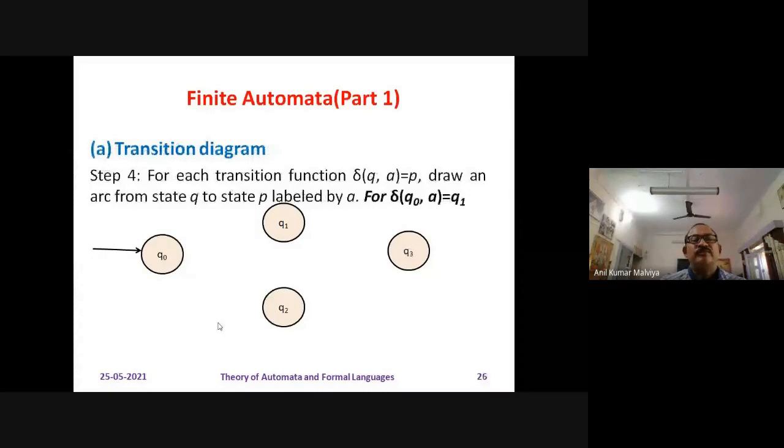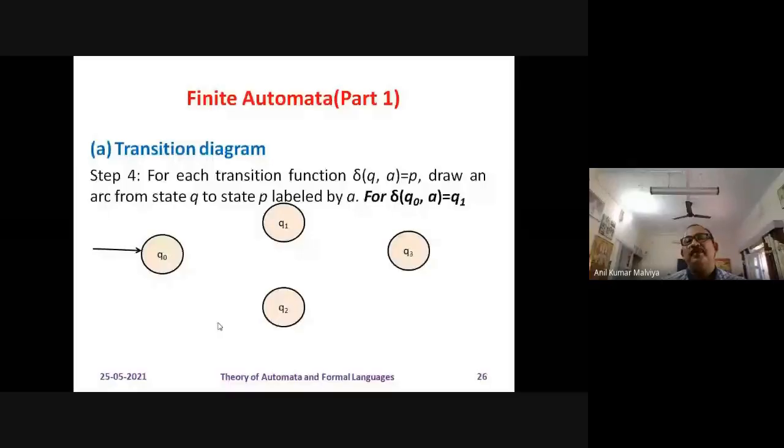For each transition function, suppose a function is delta Q A is equal to P. What do we have to do? We draw an arc from state Q to state P, labeled by A. Is it clear? Now, from the transition table, look at row Q0 and column A. What is the entry given in row Q0 and column A?